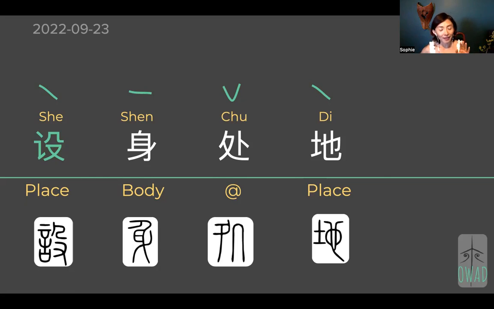Okay, so back when there were no chairs yet. So the chair was a later invention.